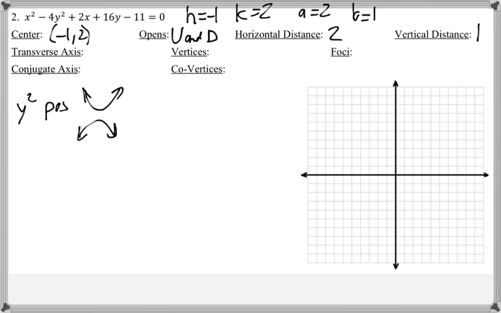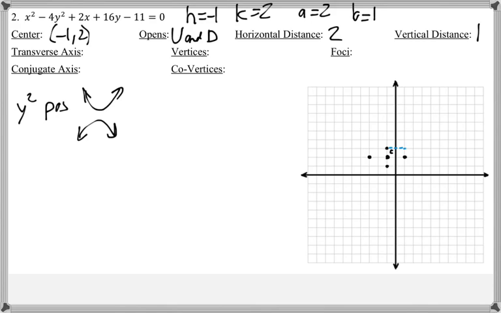So I'm going to draw this, and that's my center. So my horizontal distance is 2, so I need to go to the right 2 and the left 2. Vertical distance is 1, so I need to go up 1 and down 1. So this is going to help me make a box, and that box, or rectangle, is going to help me draw my hyperbola.